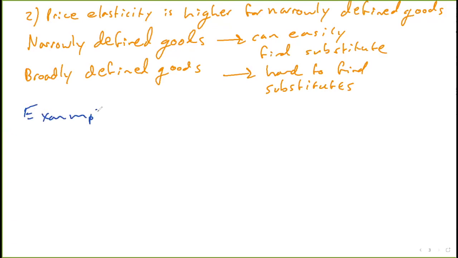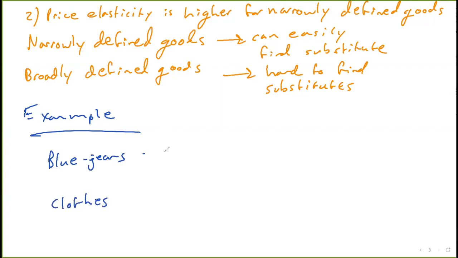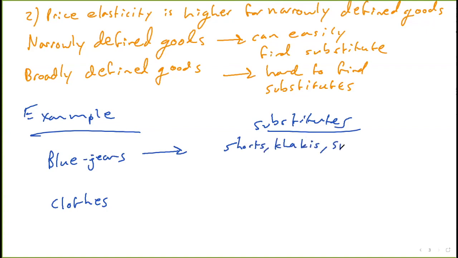So for example, we could have blue jeans, which is a good, or we could say clothes in general. Blue jeans have lots of substitutes. We've got shorts, khakis, a Speedo, right? Things that cover your lower body. Whereas clothes, there's not really many substitutes, right? Maybe the only substitute may be just moving to a nudist colony.